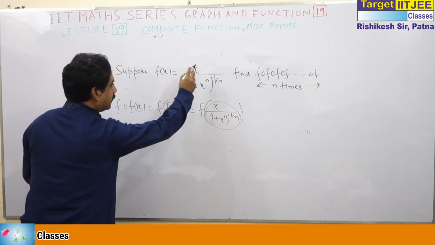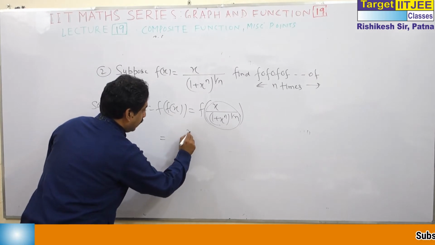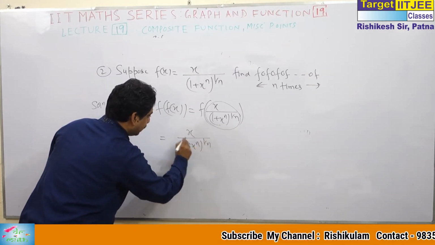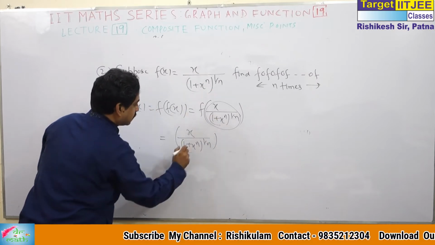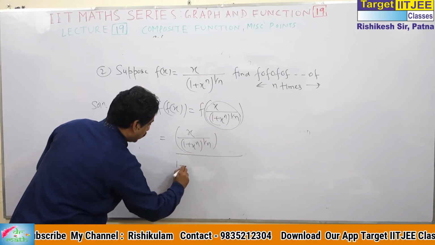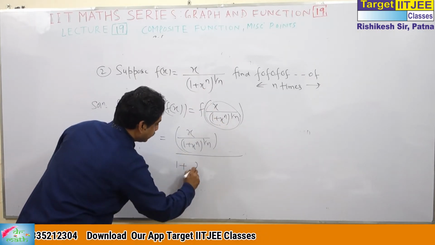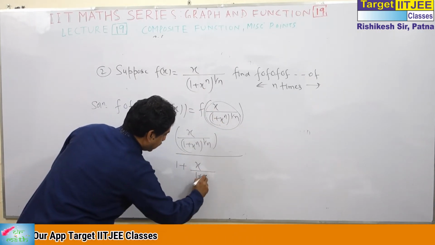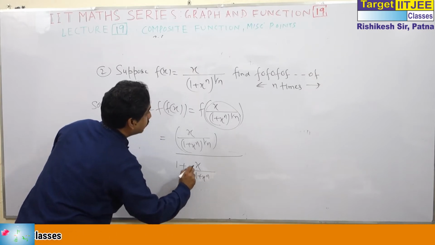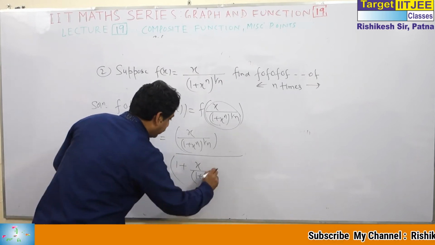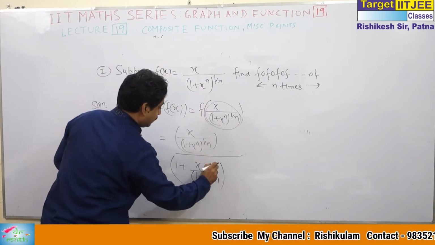So this is x by (1 plus x to the power n) to the power 1 by n for x, divided by 1 plus, instead of x, I will write this: x by (1 plus x to the power n) to the power 1 by n, and complete power is n.